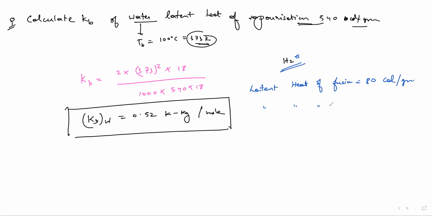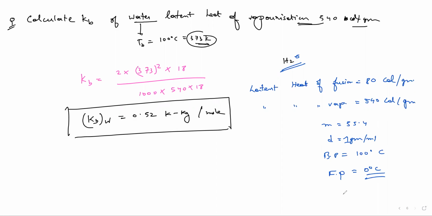Latent heat of vaporization, 540 calorie per gram. Molality, which is 55.4. Density, which is 1 gram per ml. Boiling point, which is 100 degrees centigrade. Freezing point, which is 0 degrees centigrade.